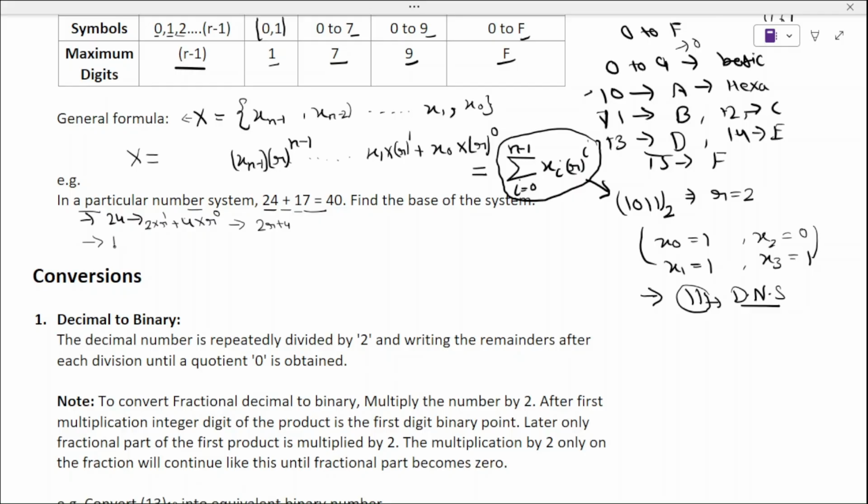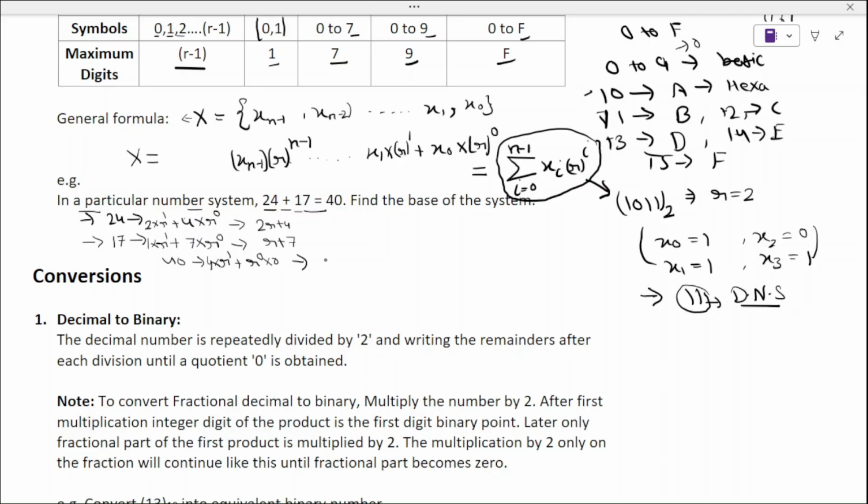Similarly, 17 in our number system is r raised to power 0 multiplied by 7 plus r raised to power 1 multiplied by 1. So the equation is r plus 7. Similarly, for 40, r raised to power 0 multiplied by 0 plus r raised to power 1 multiplied by 4.